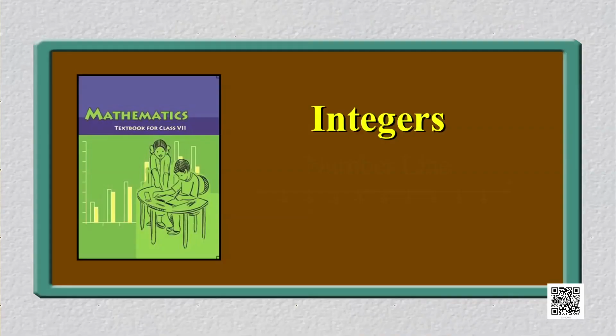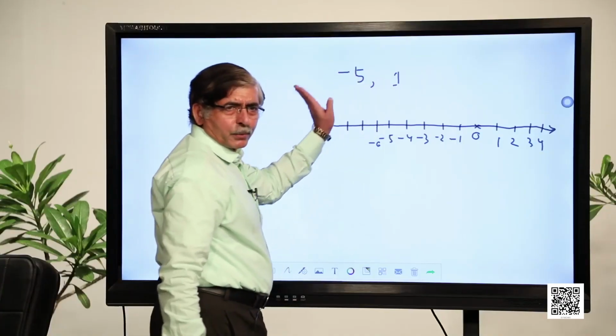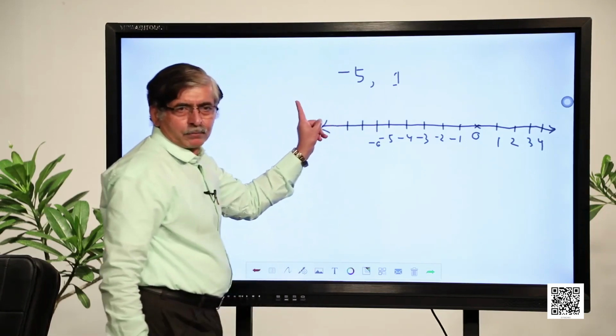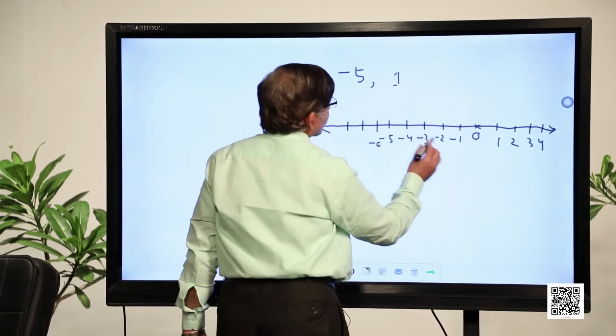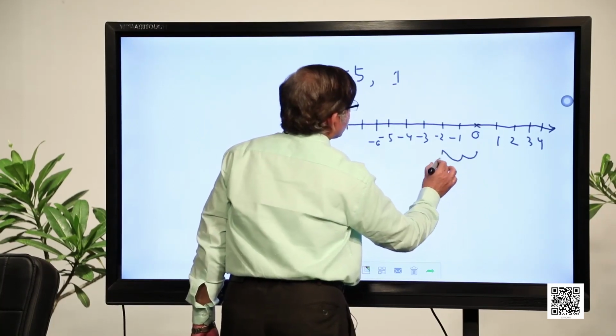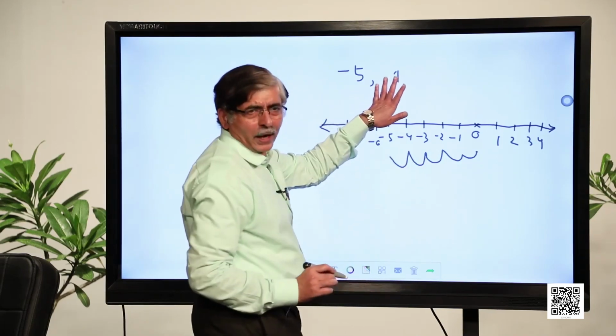We can see on the number line minus 5 and 1, we have to subtract 1 from minus 5. So, minus 5, generally this is our 1, 2, 3, 4, 5, and we have 1.